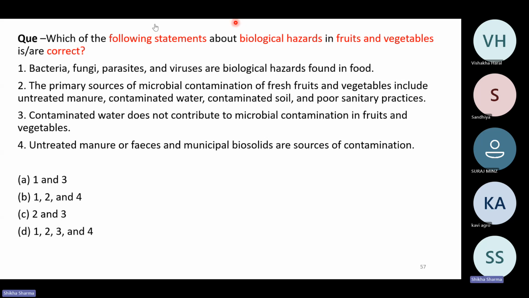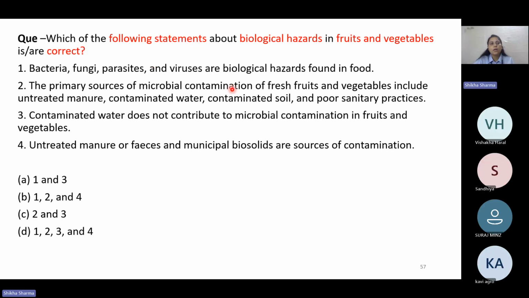Let's discuss this question. Which of the following statements about biological hazards in fruits and vegetables are correct? One: bacteria, fungi, parasites, and viruses are biological hazards found in food.